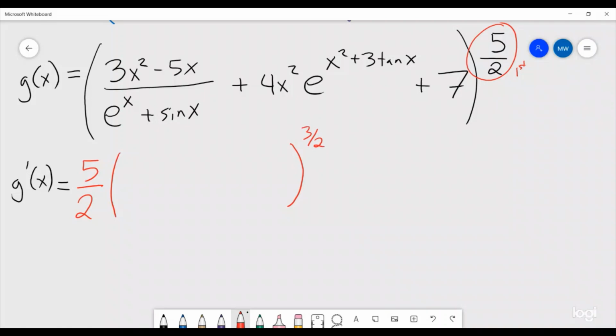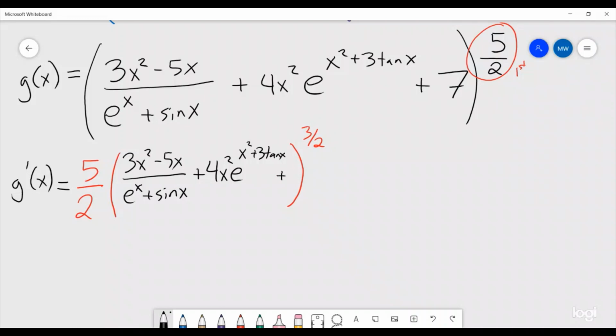So that is the first thing, but we have to leave the inside stuff alone. So that's going to just all be 3x squared minus 5x all over e to the x plus sine x plus 4x squared e to the x squared plus 3 tangent x plus 7. Okay, so we got that part.